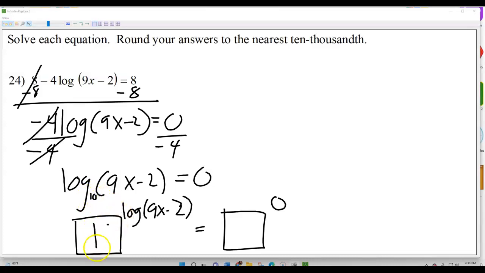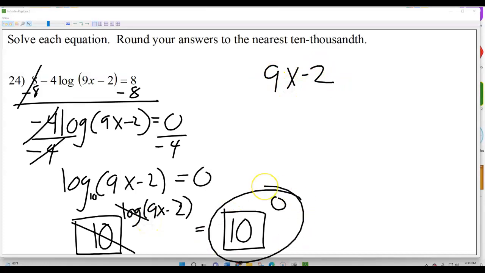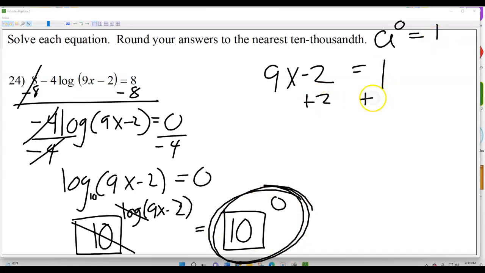And so that's what's going to go here and here. That's what's known as the common log, the base 10. So this cancels this, leaving us with 9x minus 2 on the left side. And 10 to the 0 power, that's something you guys may not remember, but any number raised to the 0 power equals 1. So 10 to the 0 power equals 1. And then from there, we just go ahead and solve it.